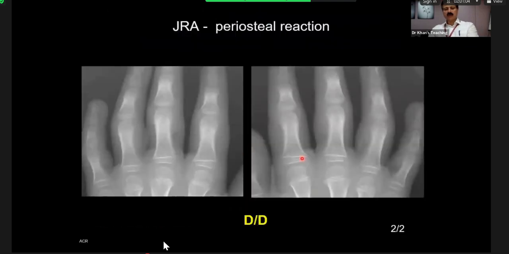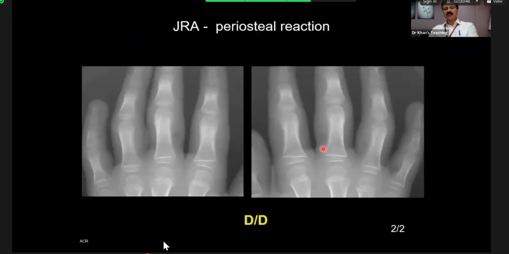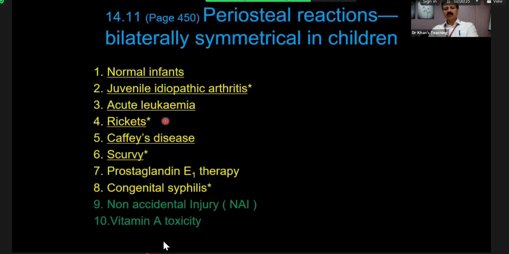So please remember, in this particular case, you cannot say a few things. For example, look at the epiphysis, and this is not a young child, as in an infant or a neonate. So normal infant cannot come in the list. Of course, rickets is a pseudo finding, we covered it in the past, and will not involve the small bones of the hands. Small bones of the hands, it cannot be acute leukemia, it cannot be rickets, nothing.